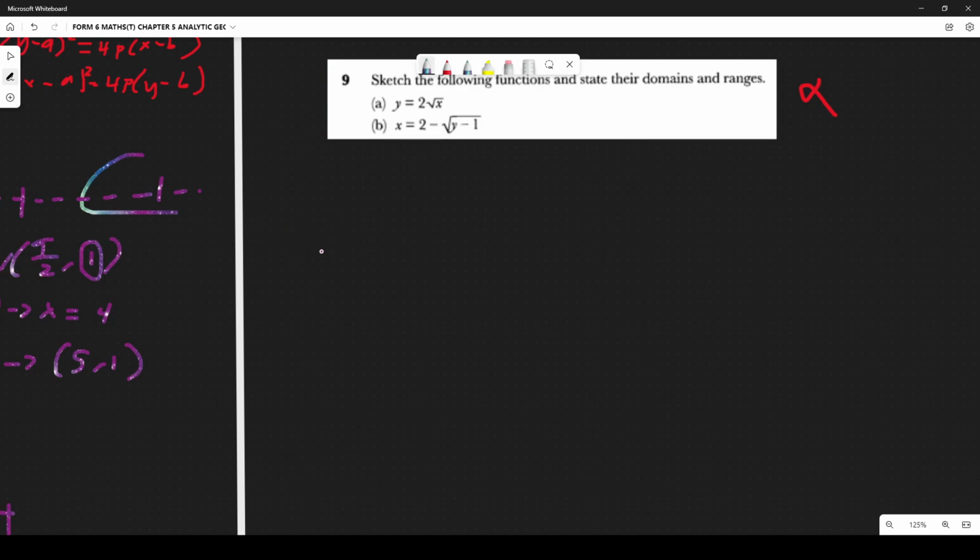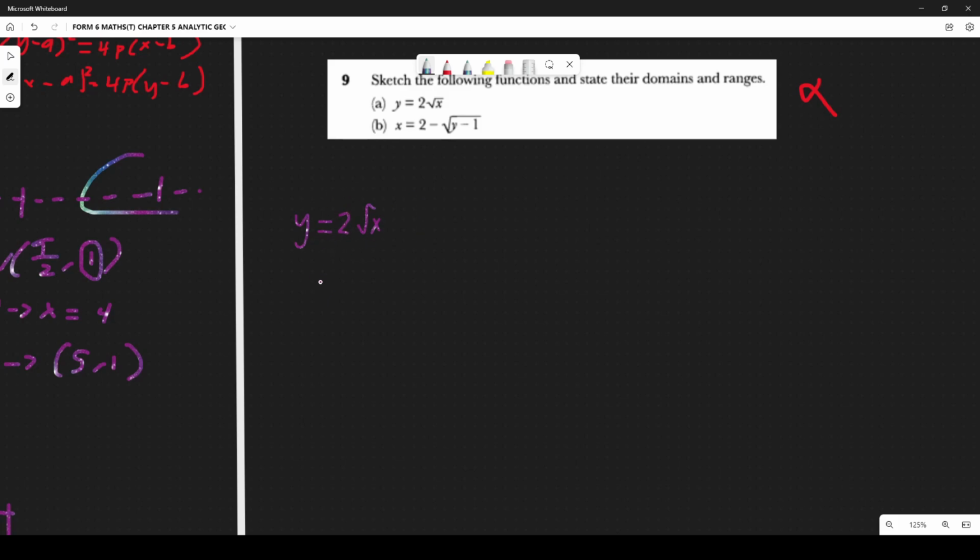It's just y equals 2 root x. You can just square both sides.